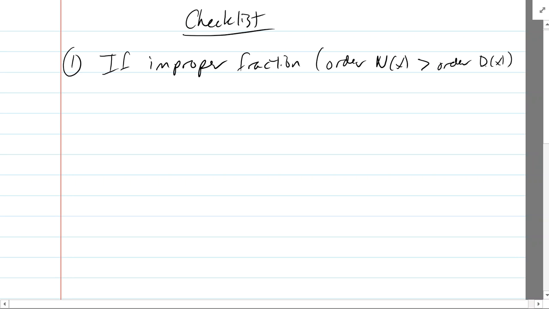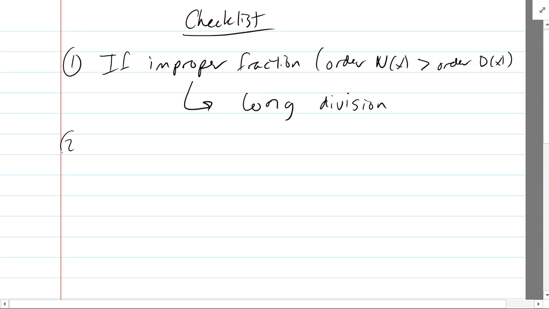Guess what you're going to do first? Long division. Are you still going to end up having to do possibly partial fractions after you do your long division? Possibly. But as we've seen, some of them will come out to something you can go ahead and integrate.